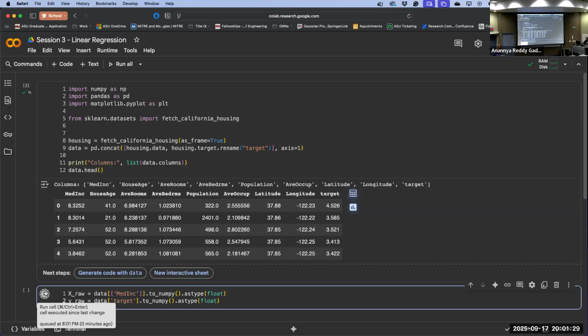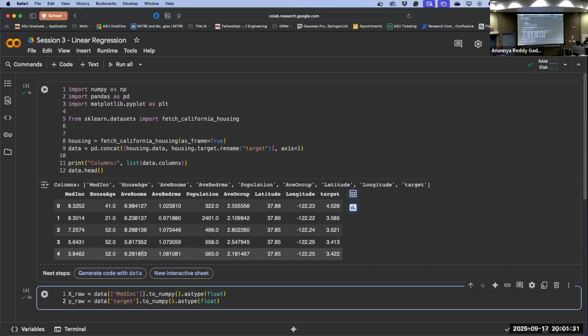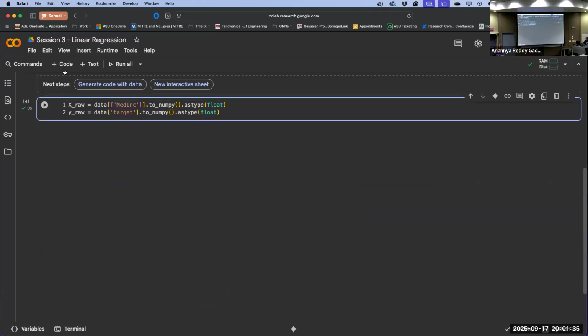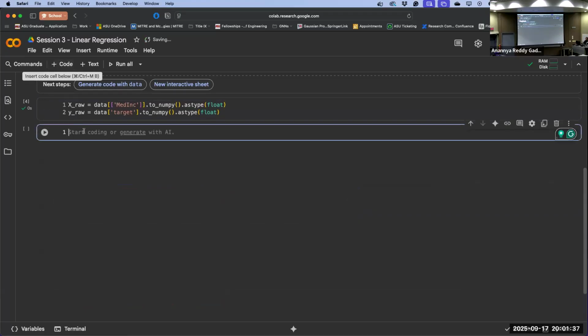Okay, you can scroll down. For X, we chose median income as the X-axis, and for the target, the Y-axis, which is the price. So now let's get started with the third cell.